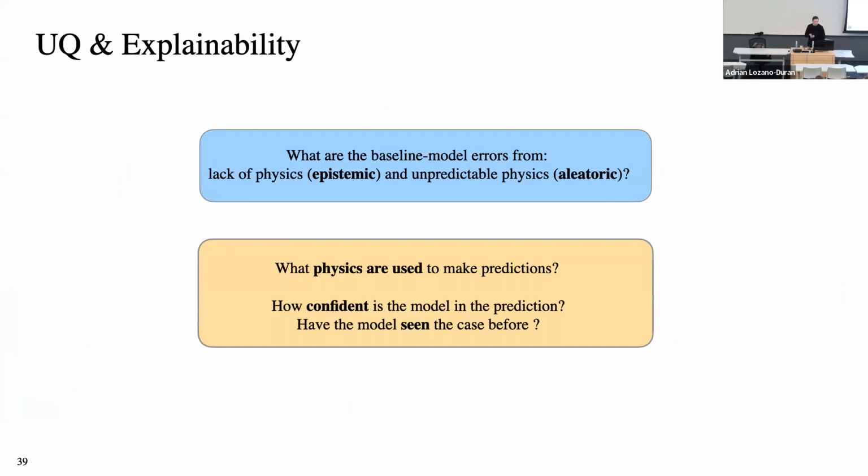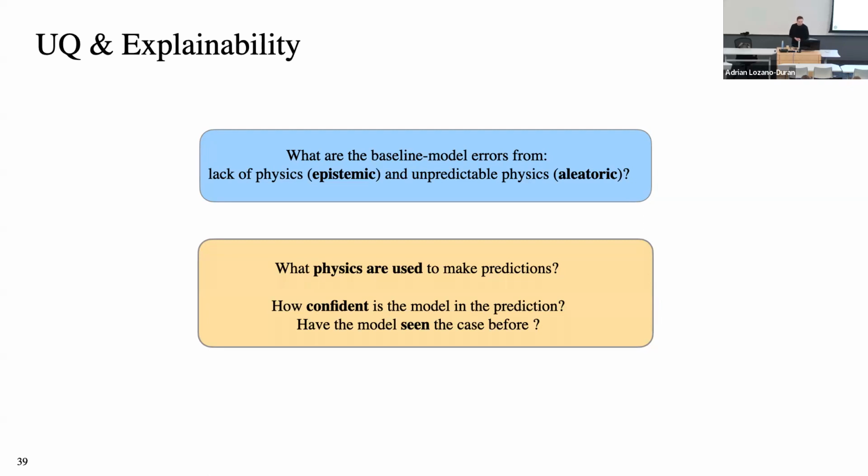The way we think about these errors is as lack of physics, and that was epistemic, meaning that we didn't have the knowledge. Maybe in my training data for the baseline model, there is a regime, a Mach number or Reynolds number, that it has never seen before. The way the heat flux at the wall scales is different, and then it doesn't know that, and it will just break down there. But I can technically correct for those.